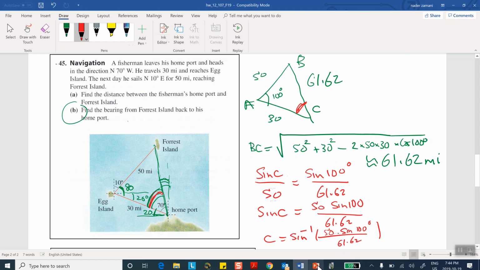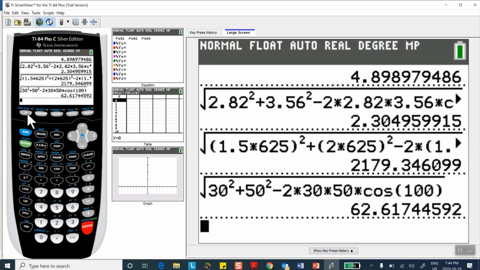50 times that. Second function, sine inverse, 50 times sine of, oh no, I'm sorry, this is sine of 100, that's a mistake.